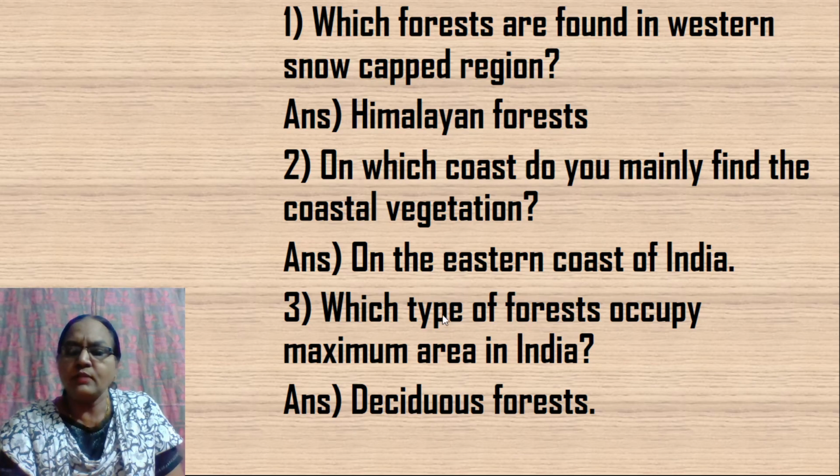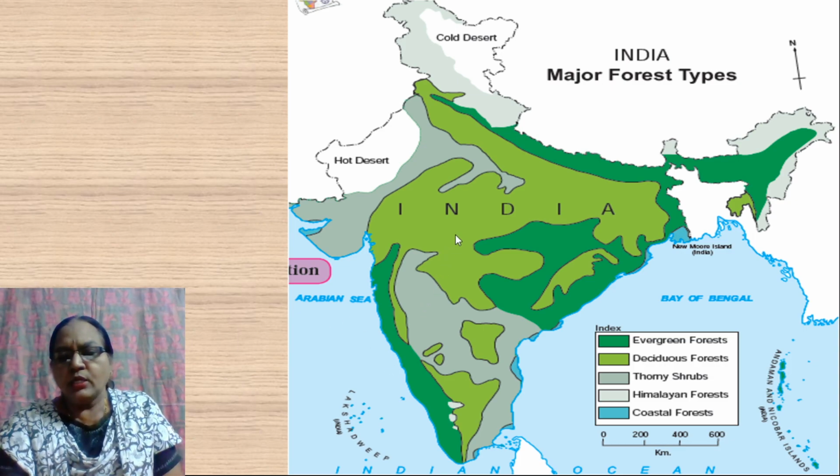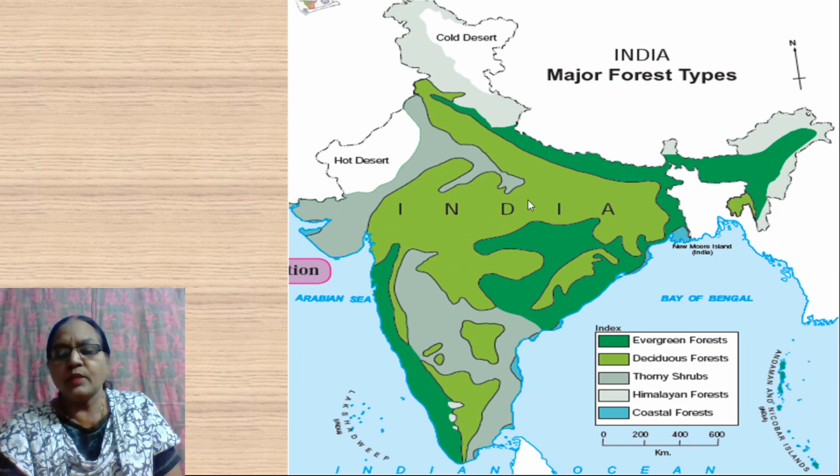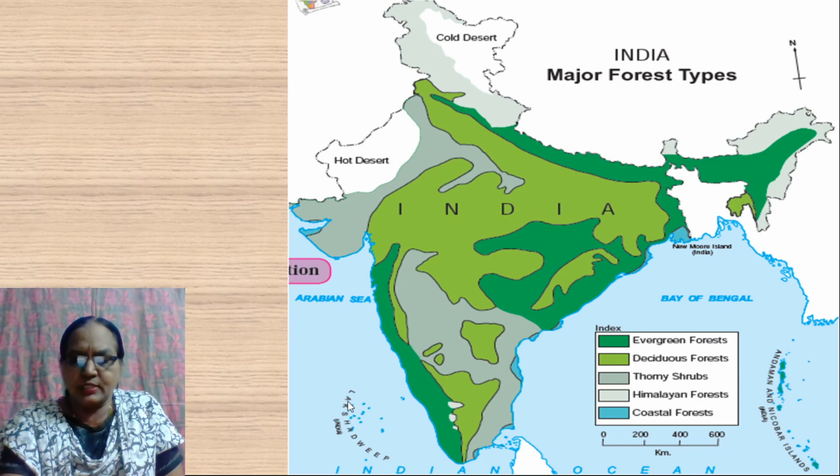We find coastal vegetation. Which type of forests occupy maximum area in India? So, now maximum area you'll find, this is the green color. Okay, so you'll find here, okay, that is the deciduous forest.